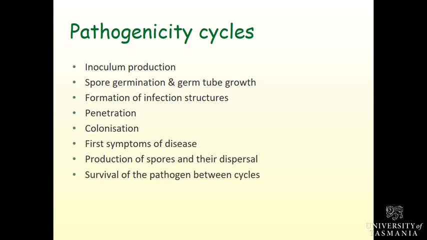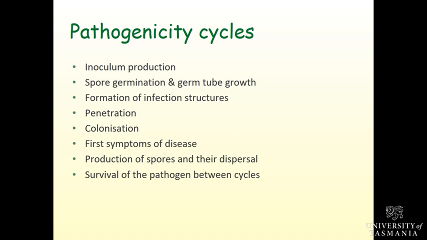Unlike, if you remember our viruses and our bacteria, they all needed help to get in. They couldn't actually penetrate between plant cells or into plant cells themselves. Fungi, at least many fungi, have that capacity. They may still enter through natural openings, but they can penetrate into plant cells and force their way between plant cells as well in their infection process.